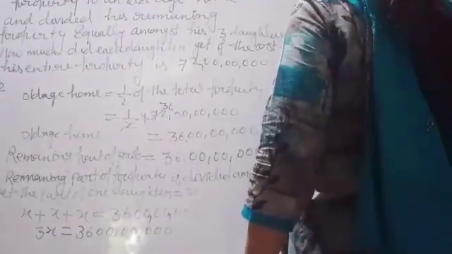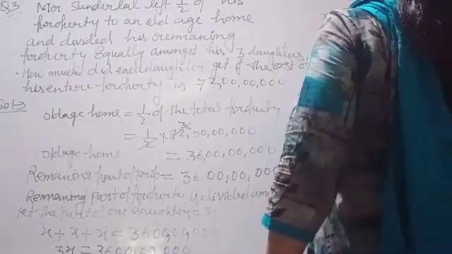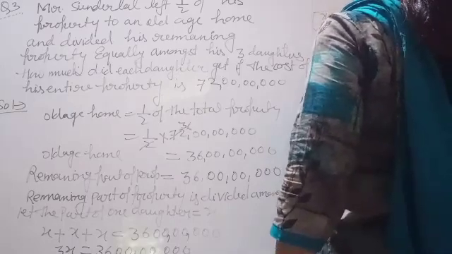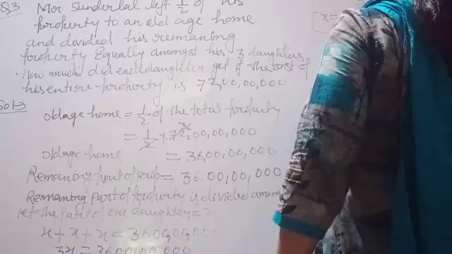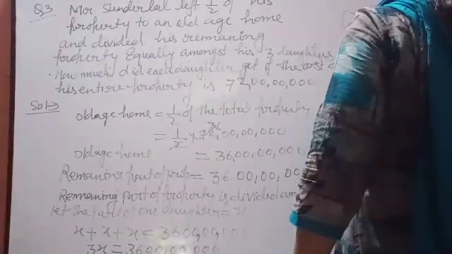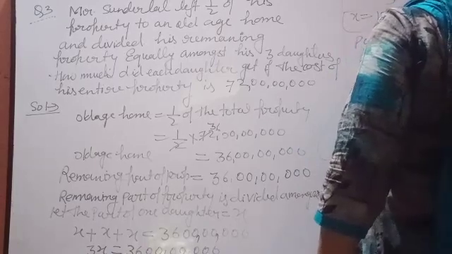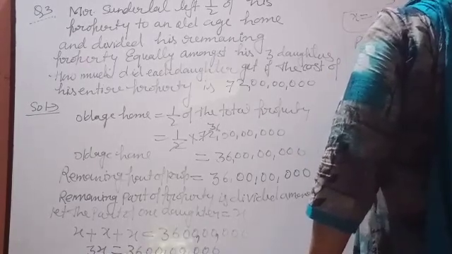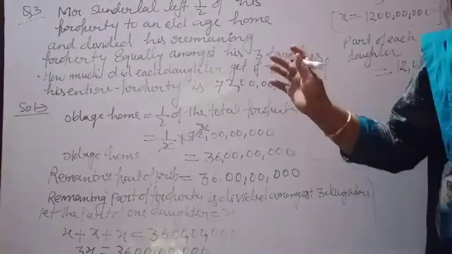So the part of one daughter, the part of each daughter, will be equal to 12 crore. This will be your answer.